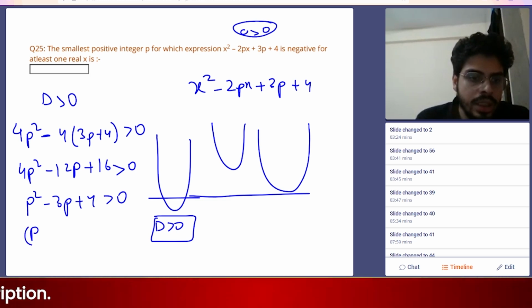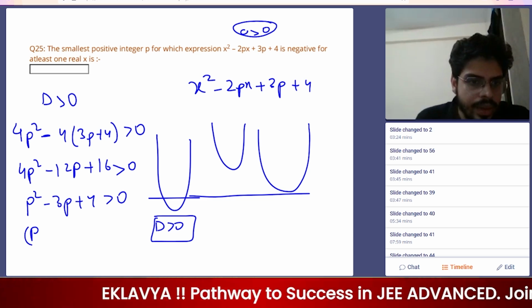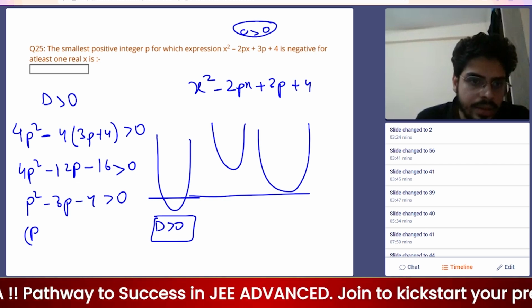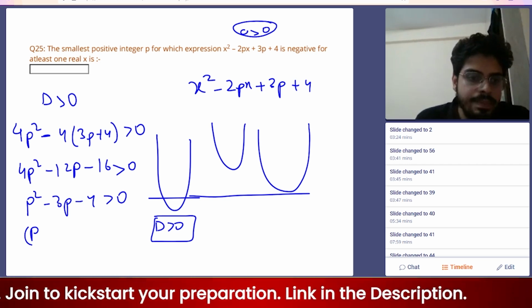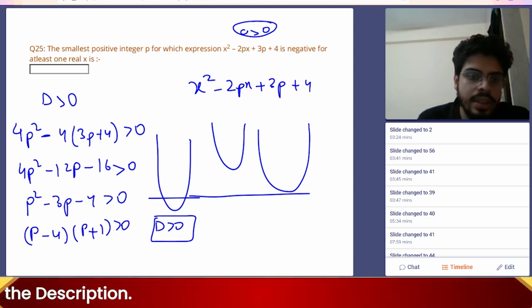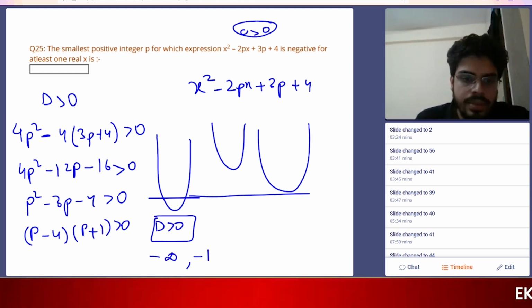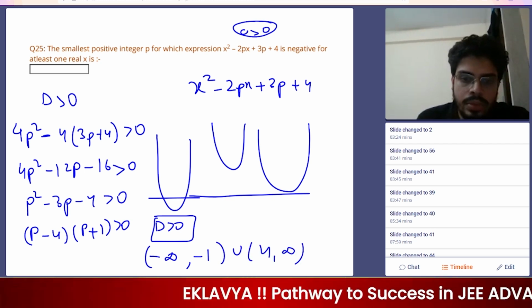We can split the middle term. Wait, here it will come minus. So I'll get (p - 4)(p + 1) greater than 0. So p is in minus infinity to minus 1 union 4 to infinity.